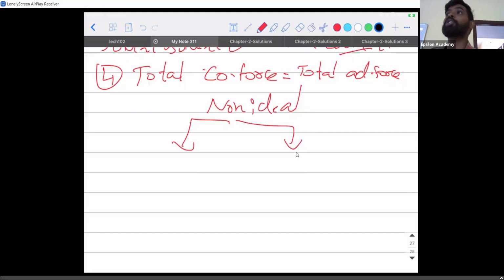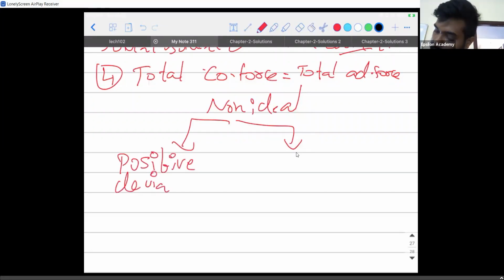Non-ideal solutions again can be of two types. One showing positive deviation from Raoult's law. You can even write it as R law, where R represents Raoult's law.